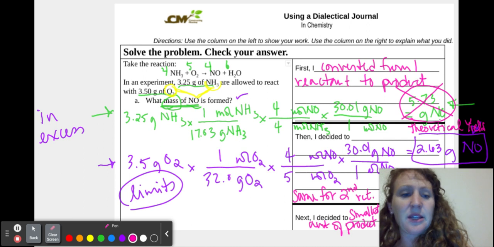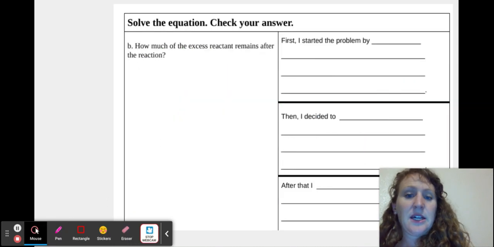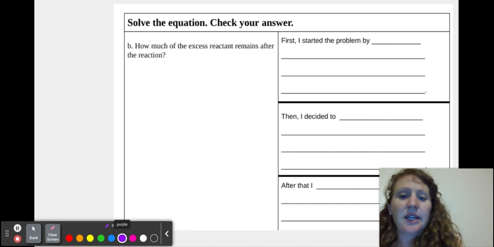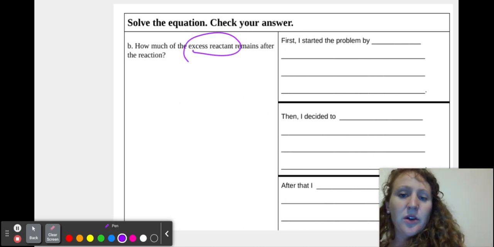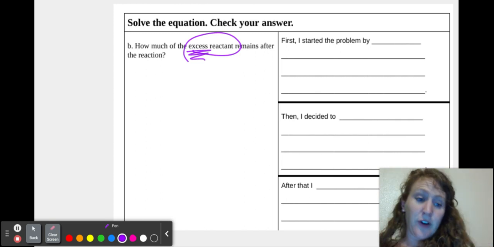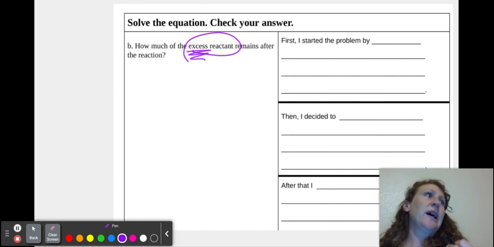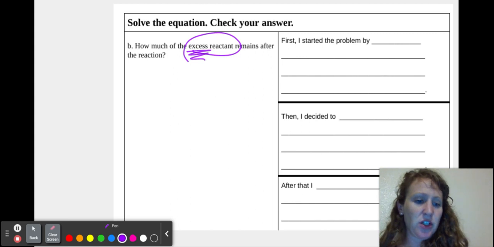Okay, let's take a look at the back of this page. How much excess reactant remains after the reaction? Okay, when you're calculating excess reactant, excess means leftover, right? So whenever you're trying to figure out how much you have left over, let's say you started with a bag of flour, you use some and you want to know how much you left over, right?